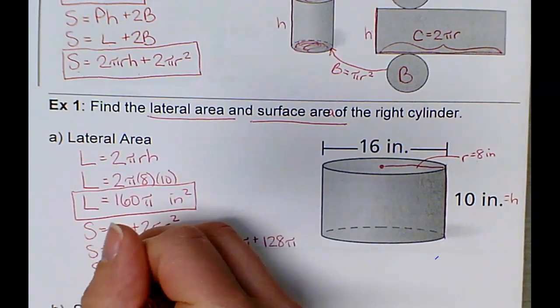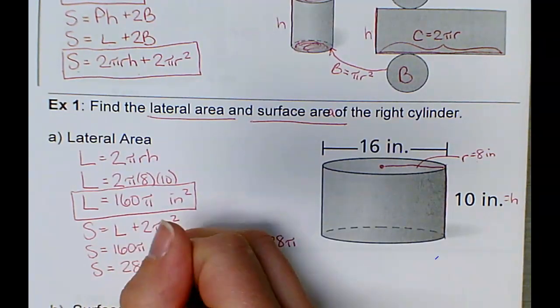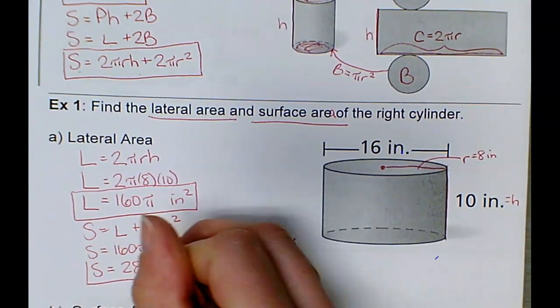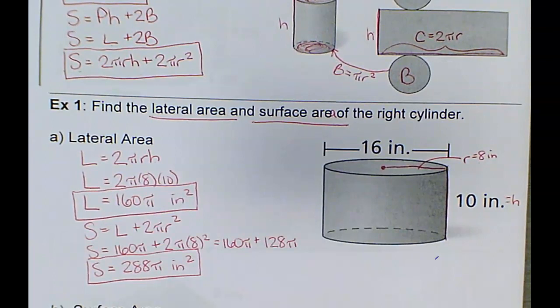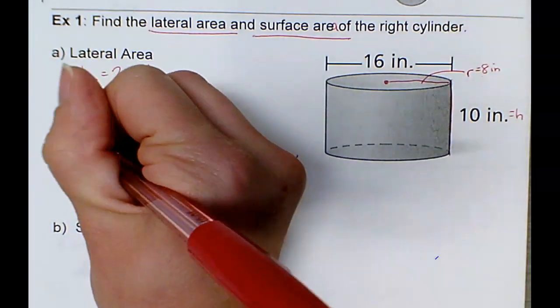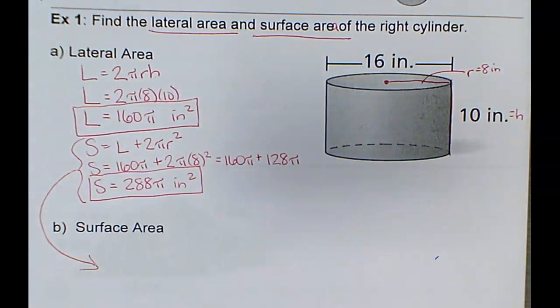And when I add those two together, because they are like terms, they're both in terms of pi, 160 pi plus 128 pi is 288 pi. And we're measuring in inches squared, because surface area is a type of area. And I do realize that this could have been put under here. That's my mistake.